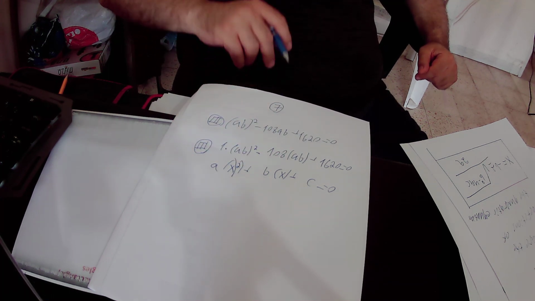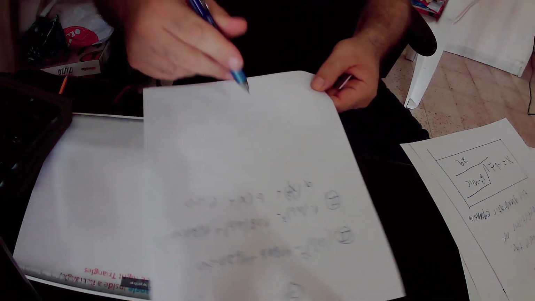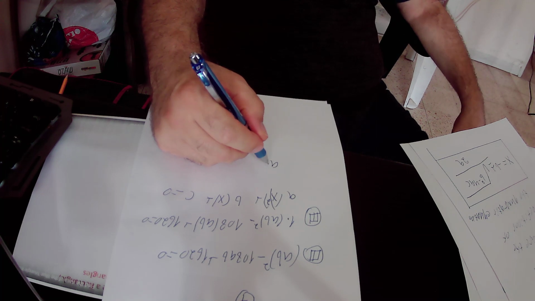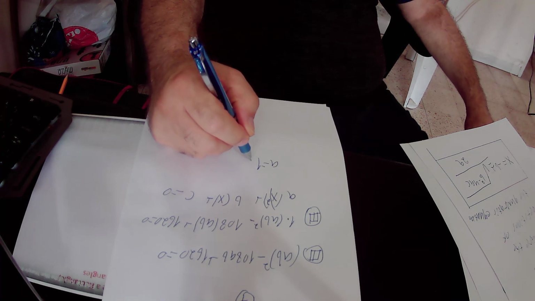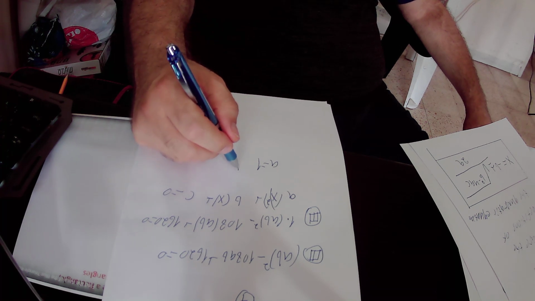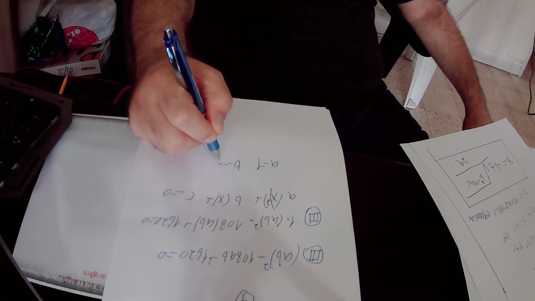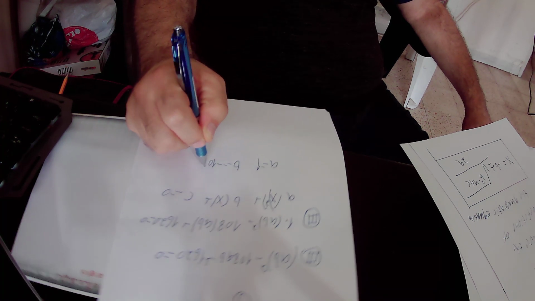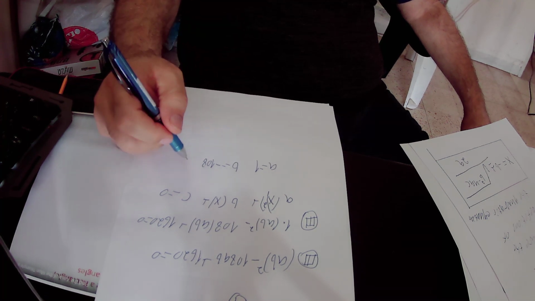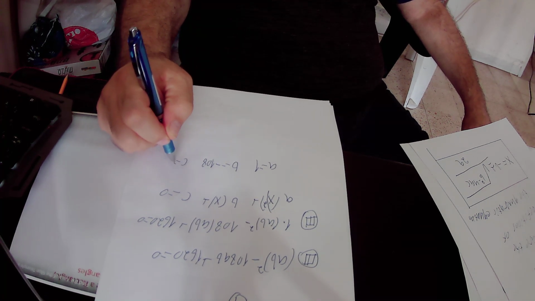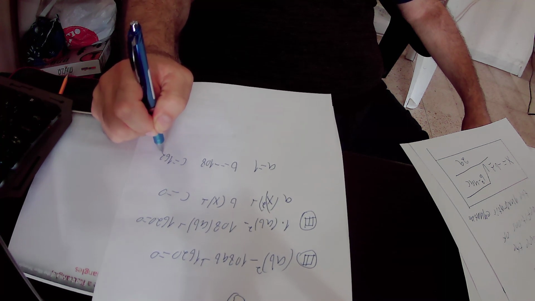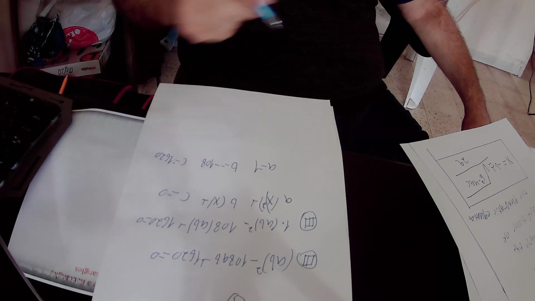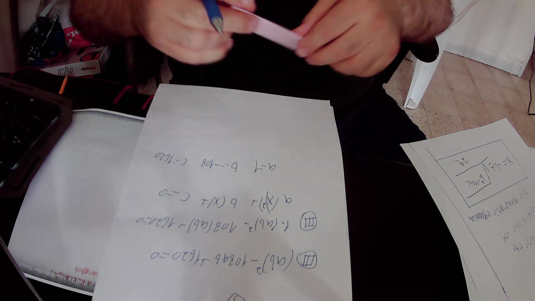Okay, so I will write it down. A equals to 1, B equals to minus 108, and C equals to 1620.